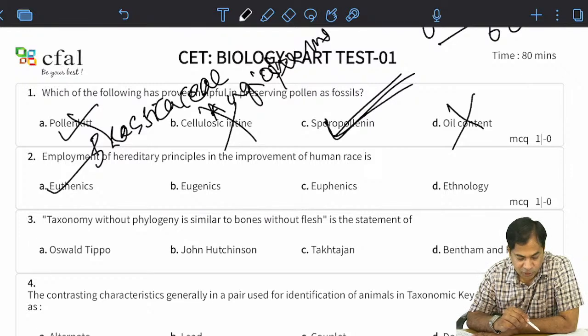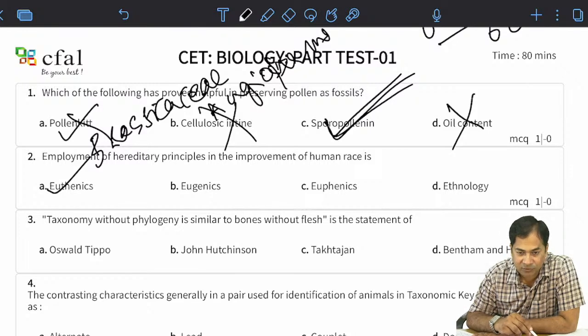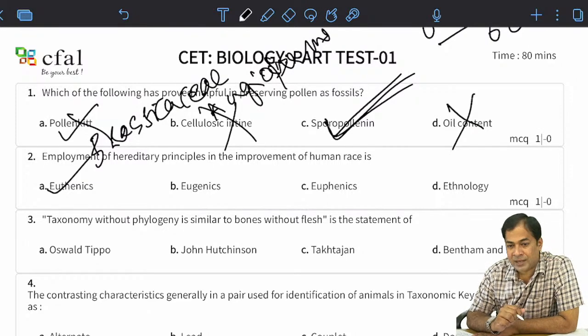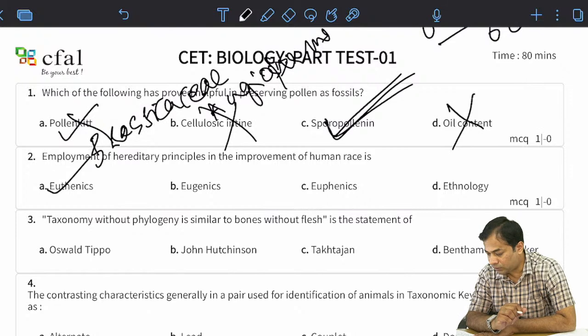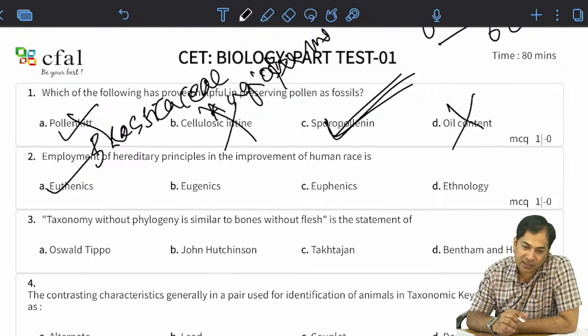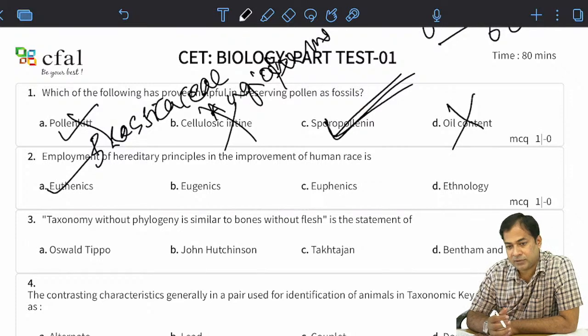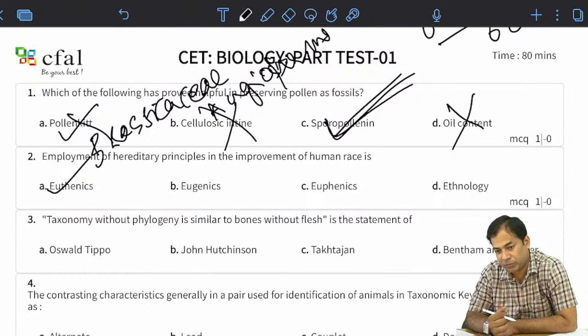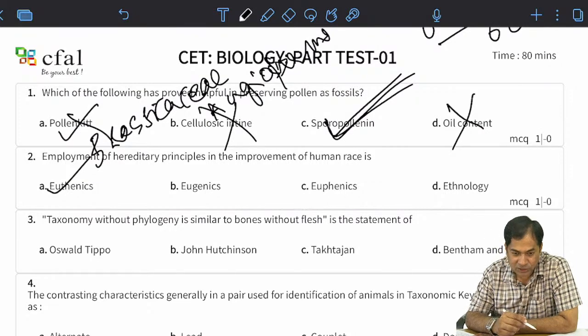Euthenics is a branch of genetics where we discuss the improvement of health and living standards of the human race. We increase the living standards or improve the health of the human race. That branch of genetics we call euthenics.